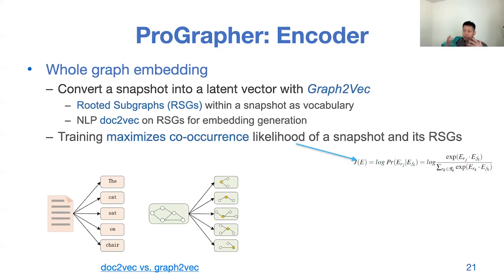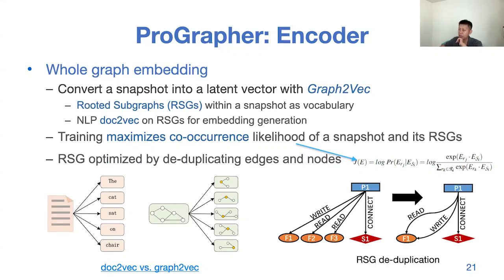The high-level idea is to keep optimizing and updating your graph vectors, which start from a random vector, and keep changing them until these equations reach the highest result, or the lowest loss. You'll see the vector becomes more similar to the aggregation of its nodes, or RSGs.